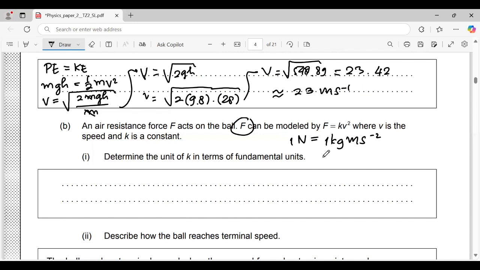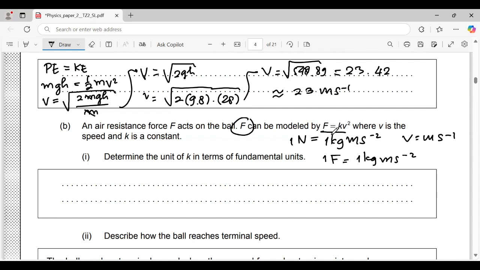It means 1 Newton of force equals 1 kilogram meter per second squared. That is force, while velocity has unit meter per second.